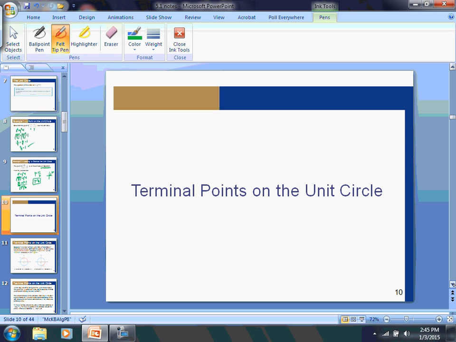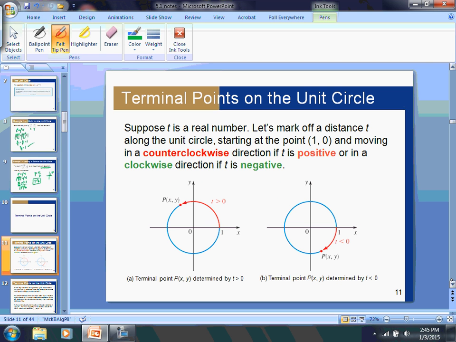Now our last concept for today is just to talk about some terminal points. And this kind of reviews some of the stuff that we wrote down earlier when we were filling in our unit circle. Remember that when you are looking at the unit circle, you want to start on the x-axis.